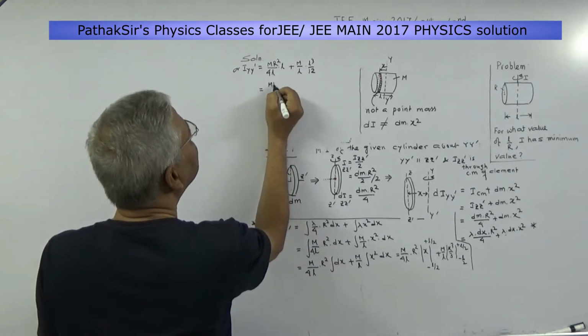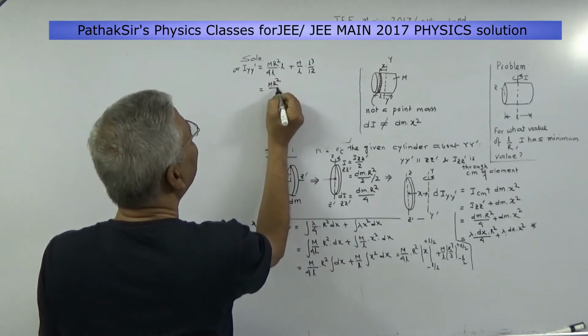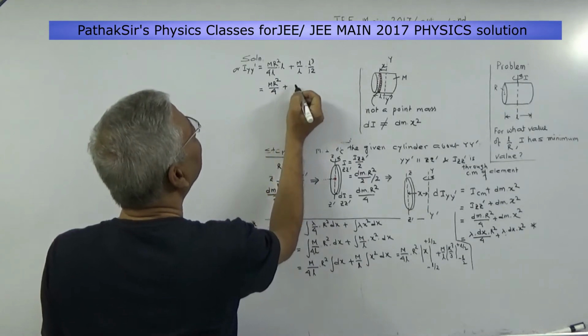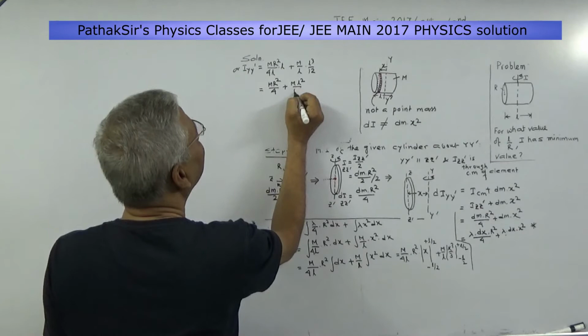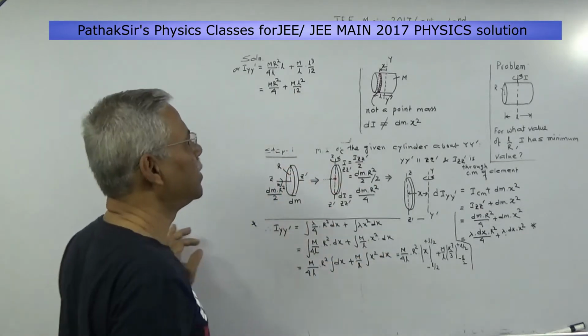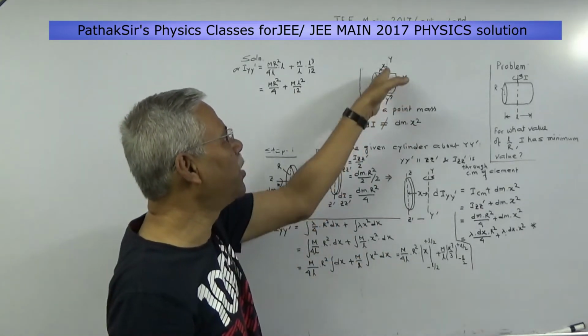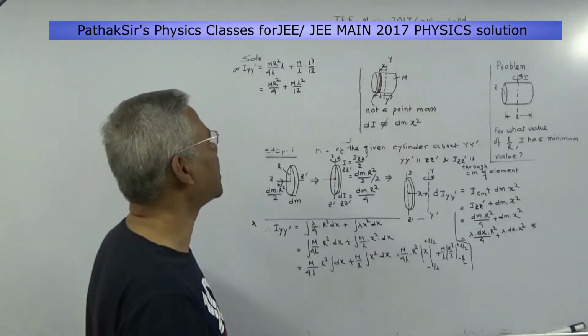So we get this, m r squared by 4 plus m l square by 12. This is the moment of inertia of this body about this axis.